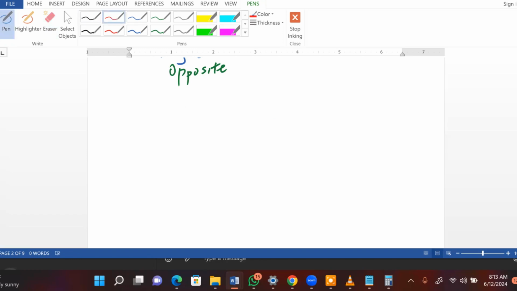For sine, cosine, and tangent, we have acronyms that we're going to use. The first one is SOH, the second one is CAH, and the third one is TOA.